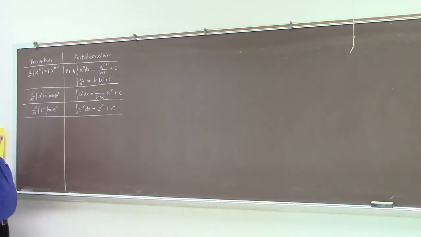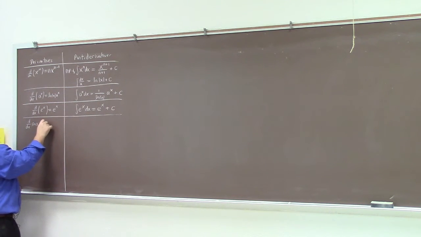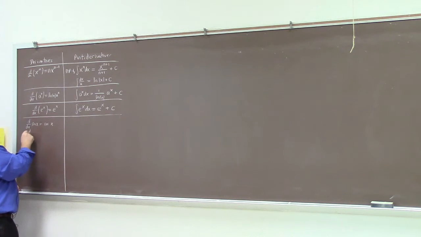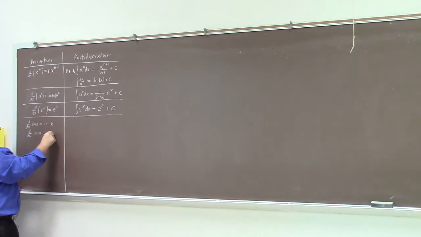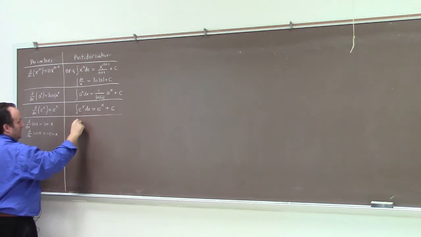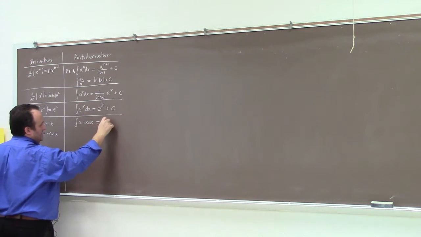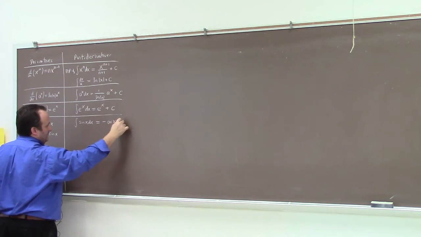What else did we learn? Derivative of sine is cosine, right? Derivative of cosine is minus sine. Integral of sine x dx is minus the cosine of x plus a constant.